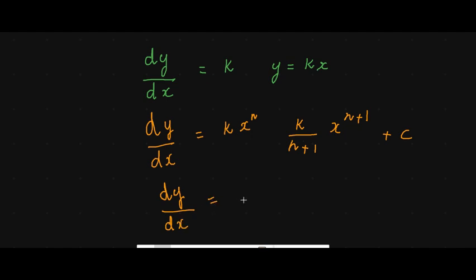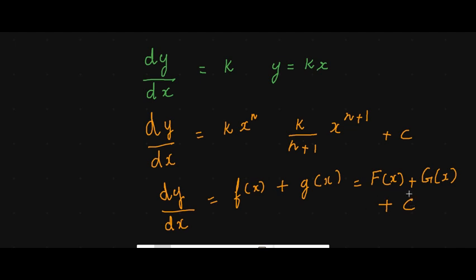If dy by dx, that is the derivative, equals a function of x plus another function of x, then the antiderivative is basically the antiderivative of the first function, plus the antiderivative of the second function, plus a constant.